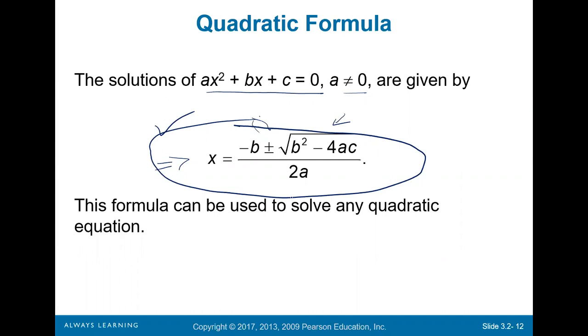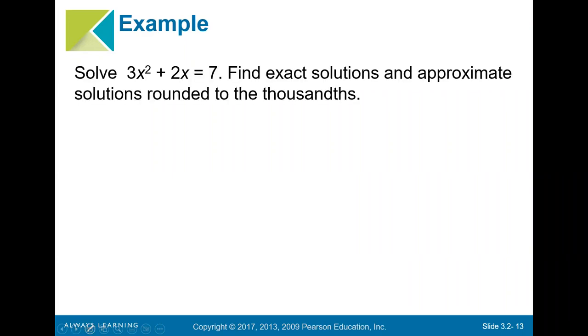This formula comes in handy when you cannot factor down, okay? And a lot of times we get imaginary numbers. So let's solve. We're going to find the exact solutions and the approximate solutions rounded to the thousandths. So we're asked to find two answers here. What we need to do is get this in descending order, written in standard form.